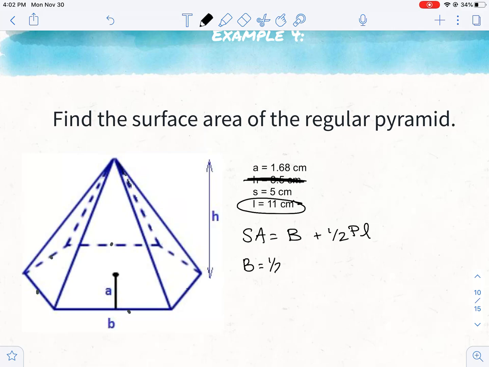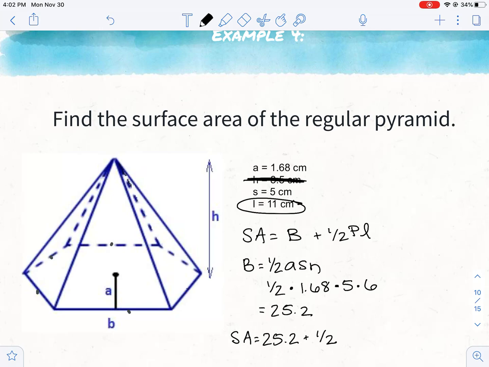Since it's a hexagon, I'm doing 1/2 the apothem times the side times the number of sides. So I have 1/2 times 1.68 times each side is 5, and I have 6 sides. When I throw that in a calculator, my base area is 25.2. So going back to that surface area formula, I have my base 25.2 plus 1/2.